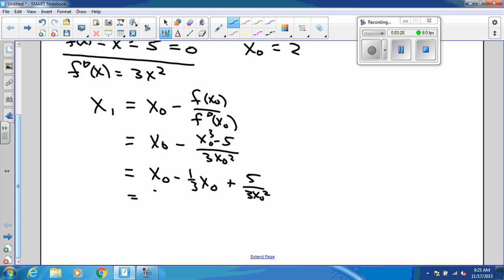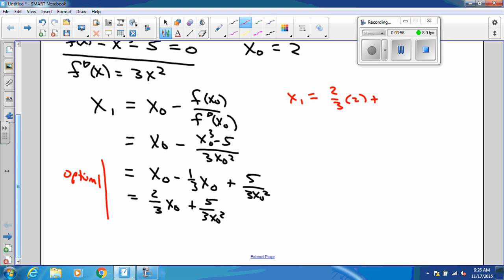So if you wanted to simplify it like this, then this would give you a nice computational formula. But this is not necessary. All of this would be optional. It just makes it faster for your table to be generated. So if I use this particular formula, my x1 would be equal to 2/3 times 2 plus 5 over 12.